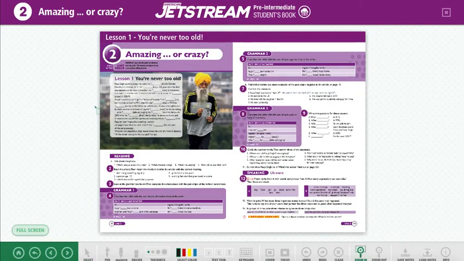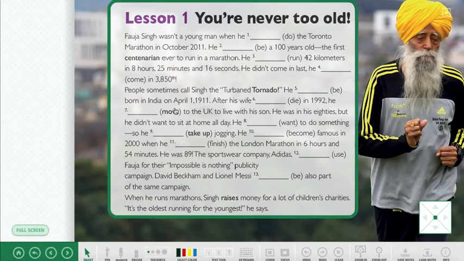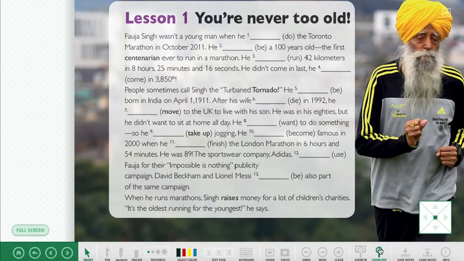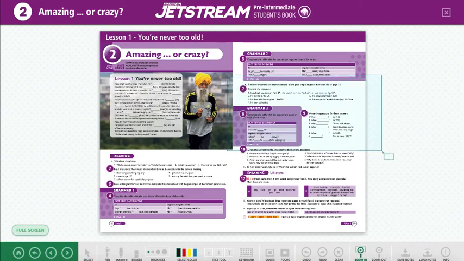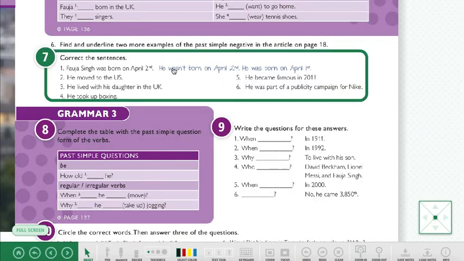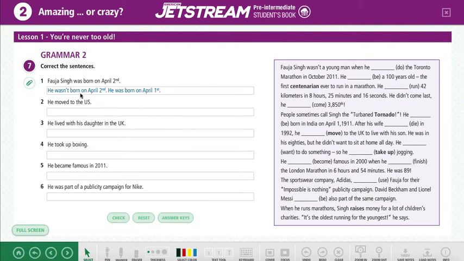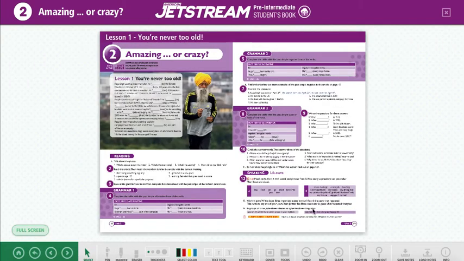No, that is not correct. Why? Because here in the text we have here, he was born in India on April 1st. Okay, here is the information. So I am gonna write, he wasn't born on April 2nd, period. He was born on April 1st. That's the idea. Okay?